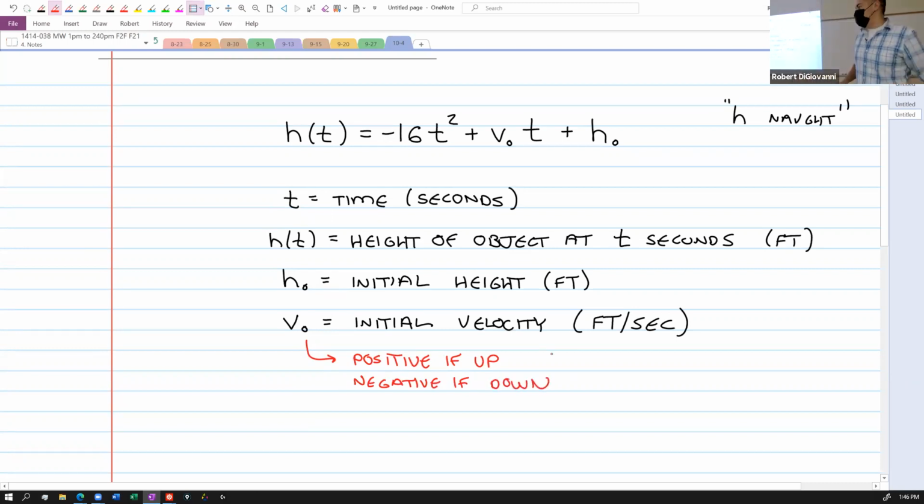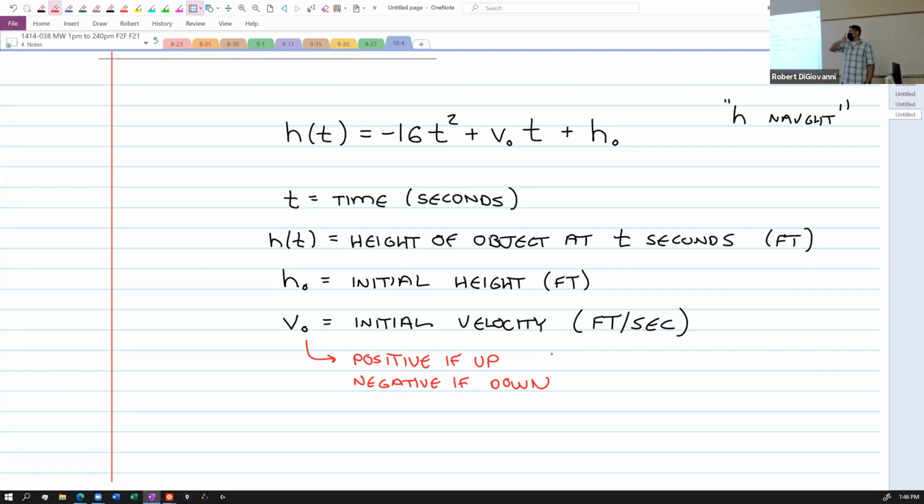There's a classic example of a helicopter that's hovering and it has a bomb, and the helicopter starts rising up, rising up, rising up. And as it's rising up, it decides to let go of the bomb. When it released the bomb, did the bomb go straight down?